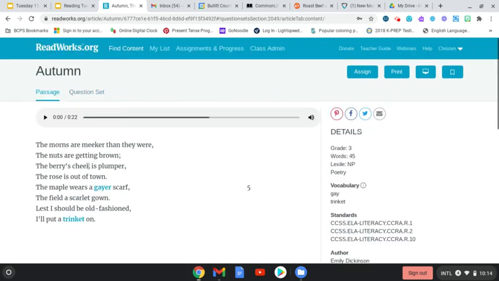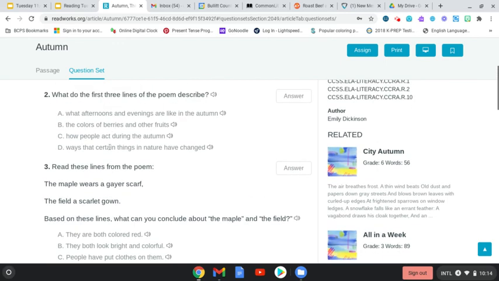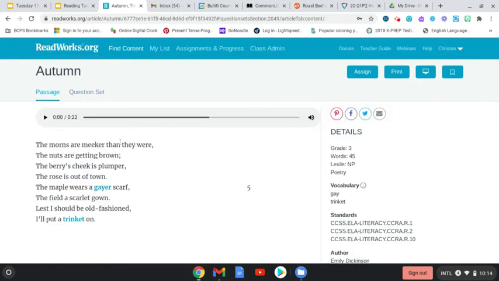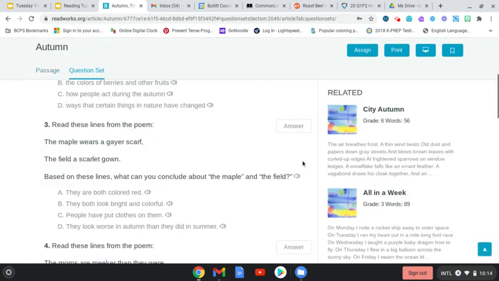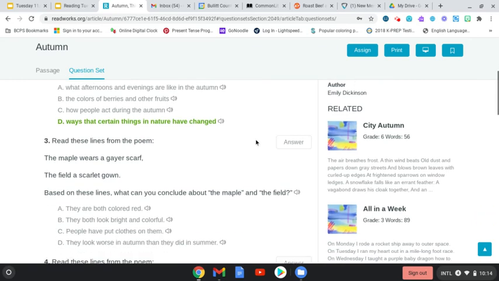Well, I don't see any mention of people here, so I know that one's not right. And let's see, the ways that certain things in nature have changed. Now that might be a good answer. The mornings are changing, the nuts are changing, the berries are changing. I kind of like that answer better than others, so I think I'm going to pick D. Yep, that's the correct answer.